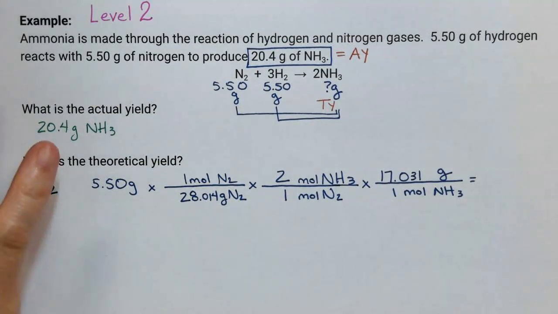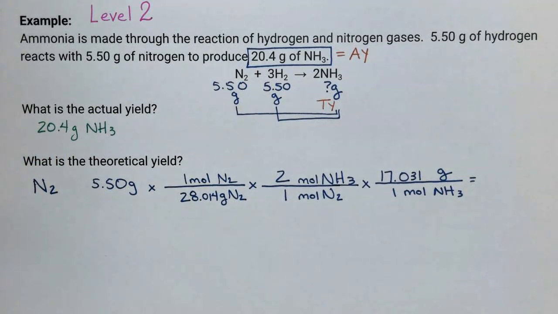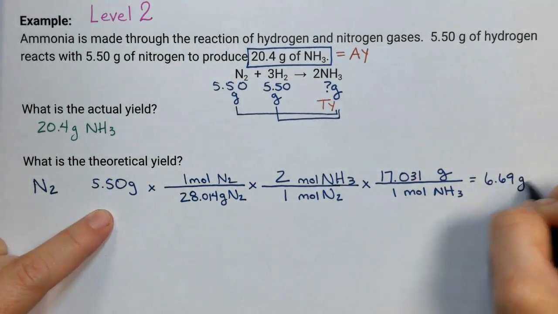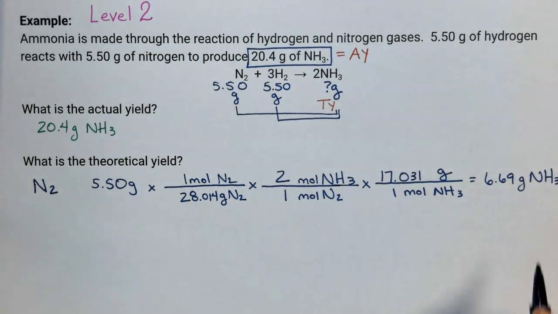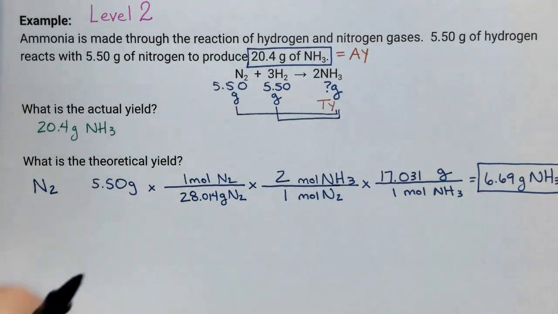Now I can calculate the answer that I get from this, and it equals 6.69 grams of ammonia produced. So that's my first potential theoretical yield, my first possibility, theoretical yield possibility number 1.